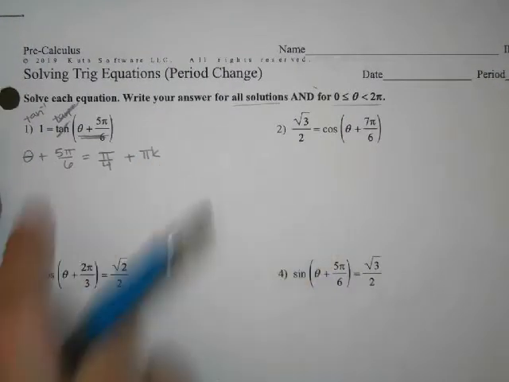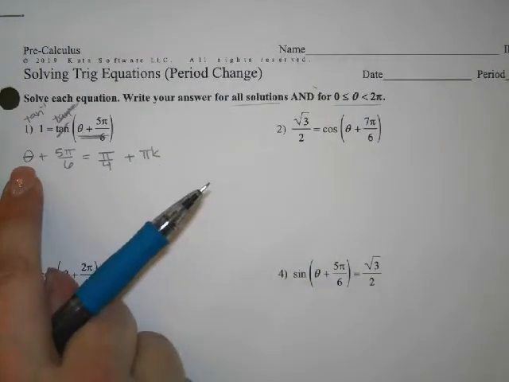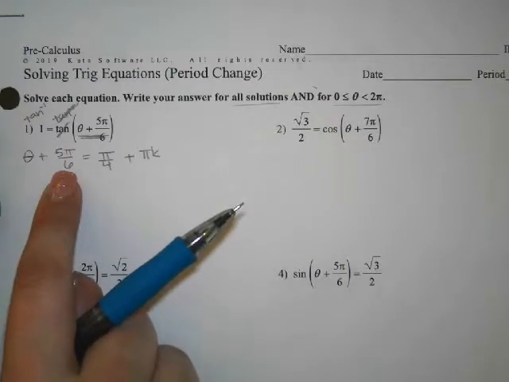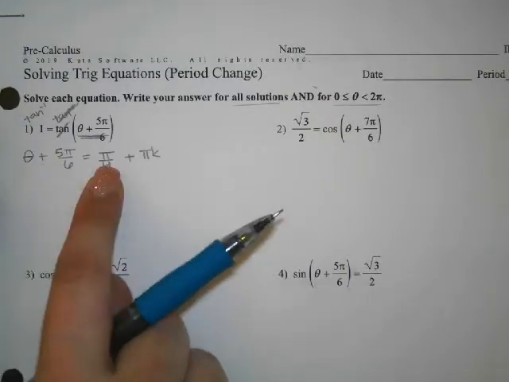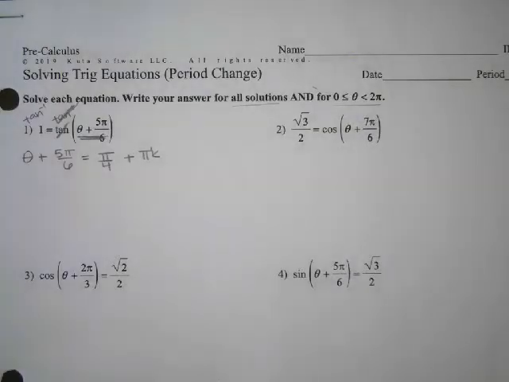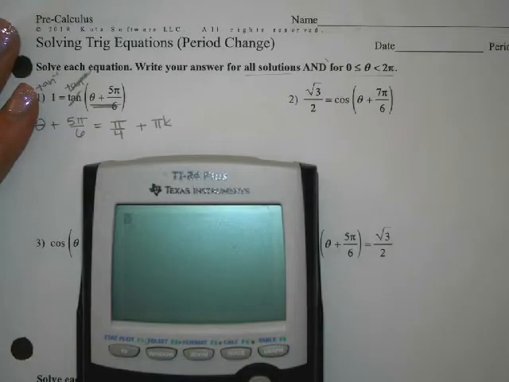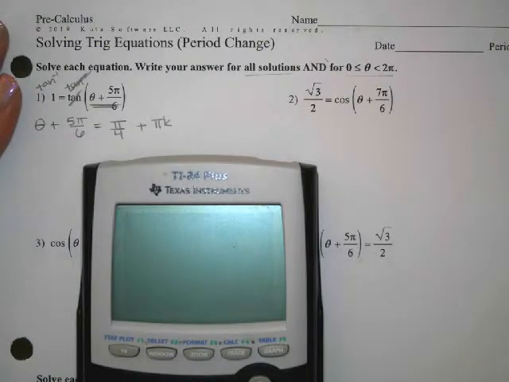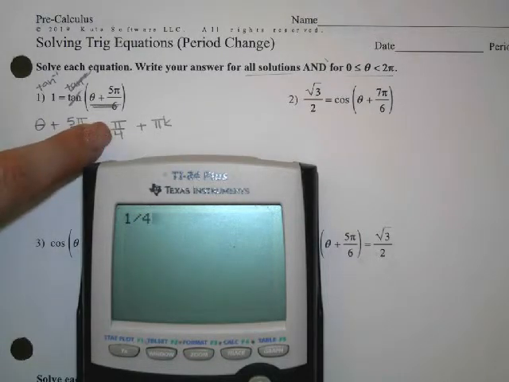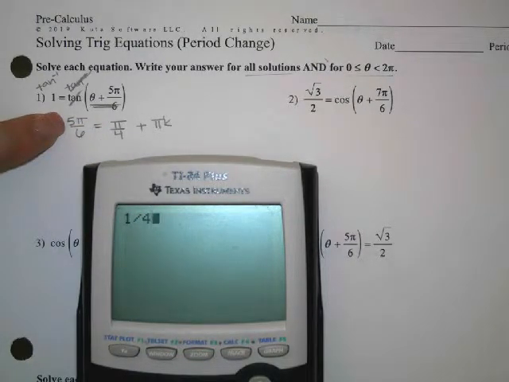Okay, so if I want to get theta alone, what should I do with this 5 pi 6? I should subtract it. So in my calculator, and this is why we have calculators out today, it's not because we have decimal answers, it's because there's a lot of fractions today and the calculator will save you some time, okay? So I'm going to do 1/4 for the pi fourths, and I'm going to minus 5 pi 6 from that. So minus 5 6.